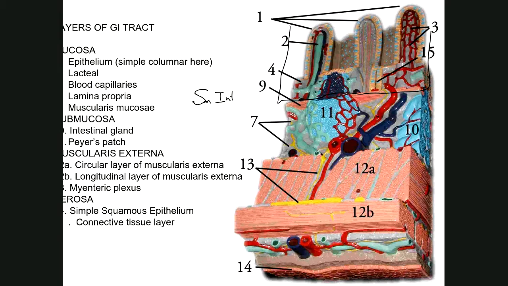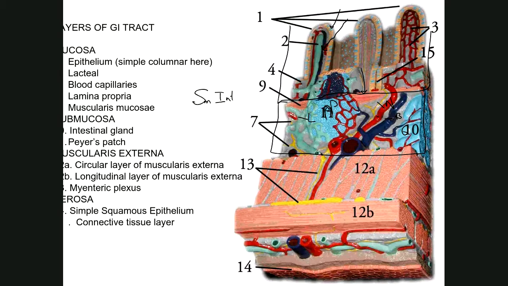There's the epithelium, there's the lamina propria, and there's that little muscularis mucosa. And there's the submucosa. Remember, no sublayers, just one layer, but it's got a lot of stuff in it. It's got glands, blood vessels and nerves. It's got lymphatics. That's a Peyer's patch, which we just finished talking about not long ago.